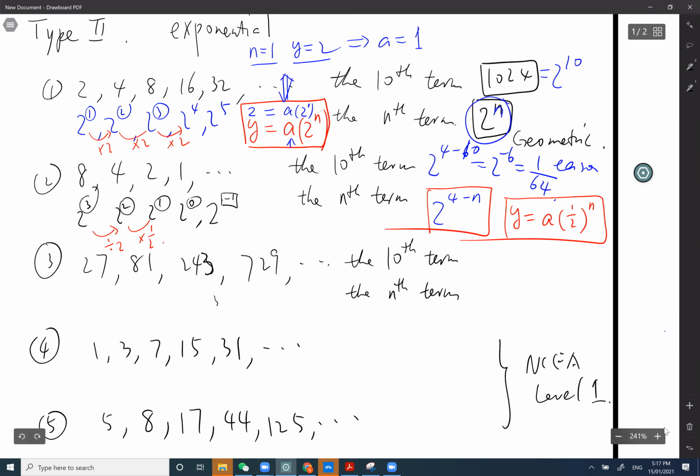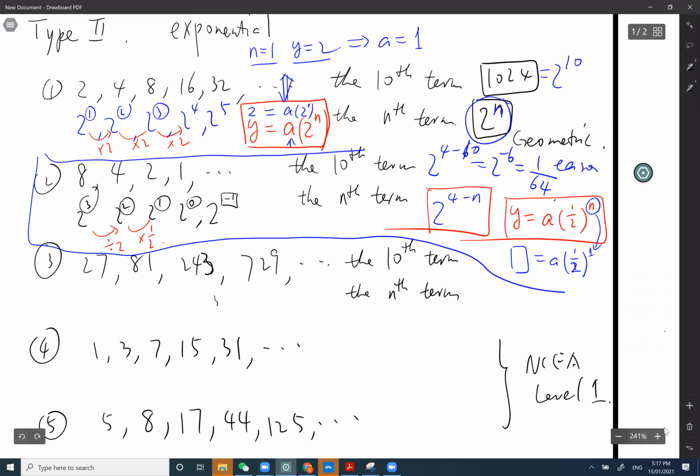We got this formula. For the second one, Elisa, if n equals 1, what's y? n equals 1 means the first term, the first number. So what's the first number? 8.